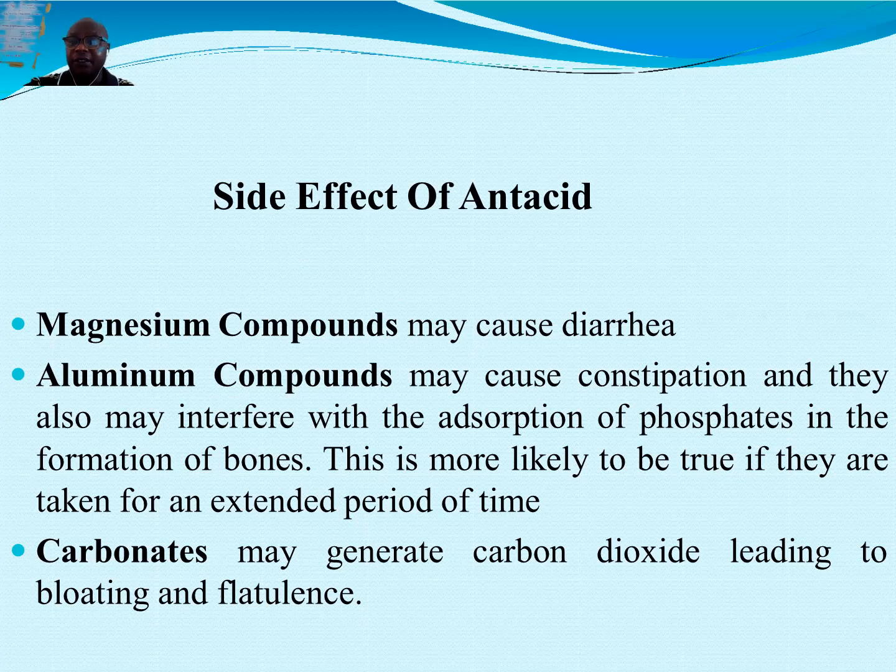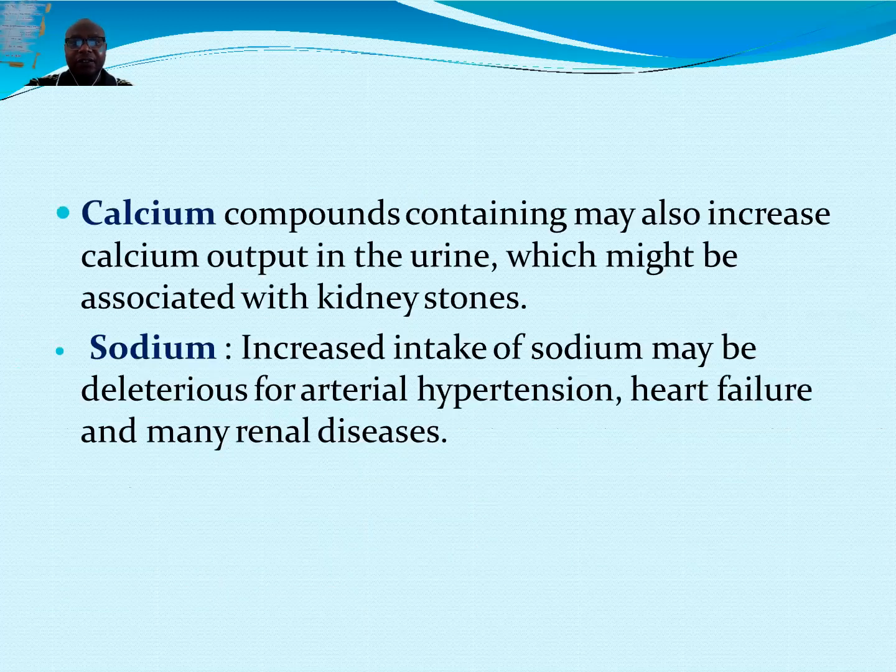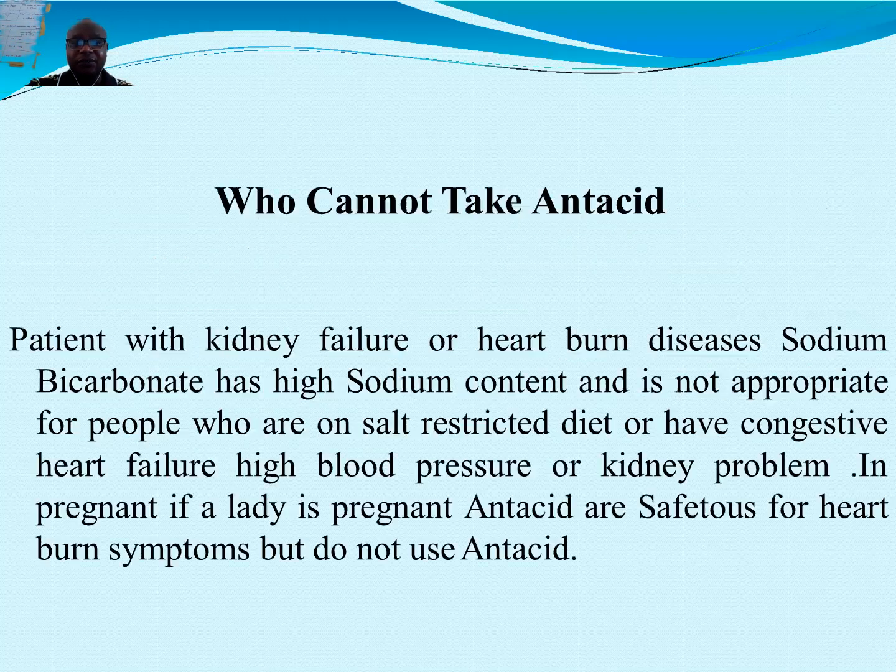The carbonates may generate carbon dioxide, leading to bloating and flatulence. Calcium-containing molecules may increase calcium output in the kidney, resulting in kidney stones. Then sodium-related ones can cause water retention, resulting in hypertension, heart failure, and also renal disease.